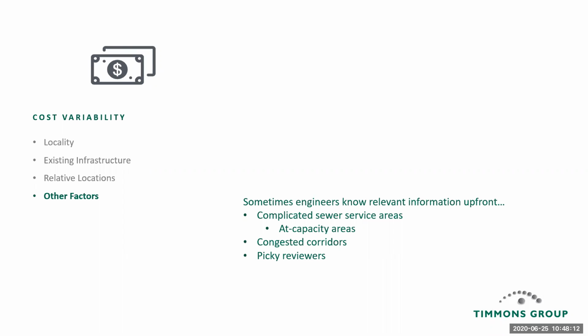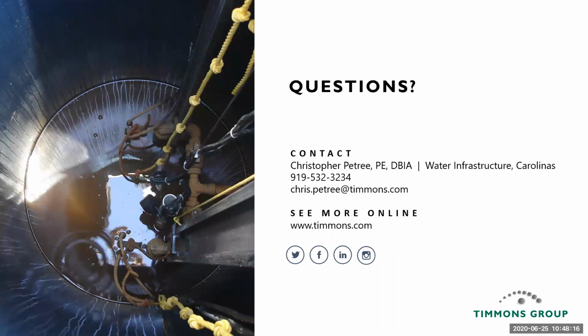So with that, hopefully at this point, you've got some understanding of what sanitary collection system infrastructure looks like, the information that we need as engineers to perform a capacity assessment, and then a better understanding of why there may be so much cost variability between projects. So with that, I will open it up for questions.